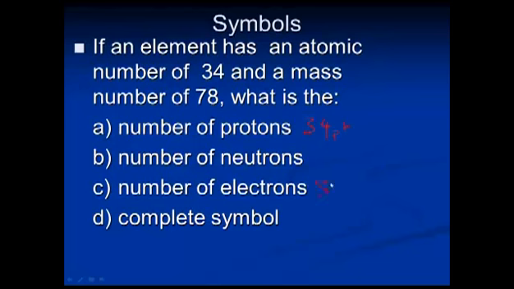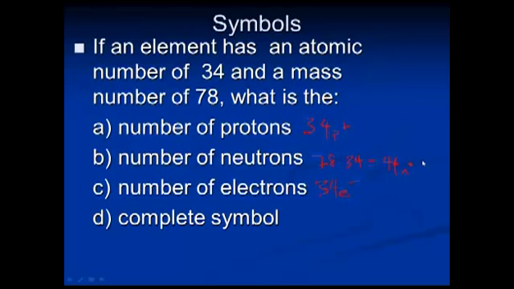That also tells me my electrons, 34 electrons. With my neutrons, what I do is I subtract my number of protons from my mass, and that gives me 44 neutrons. And then lastly, my complete symbol.